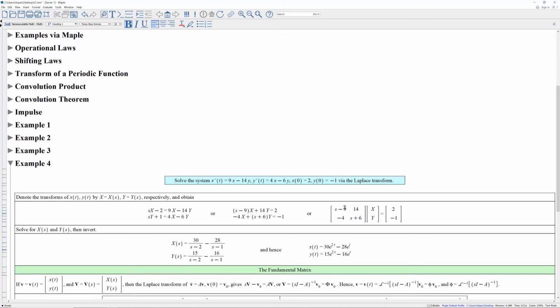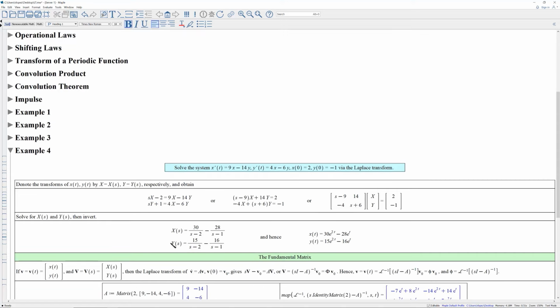So you solve this system. Well, now you've got to have a way of solving that system. Turns out that X is this and Y is this, and now you have to invert.